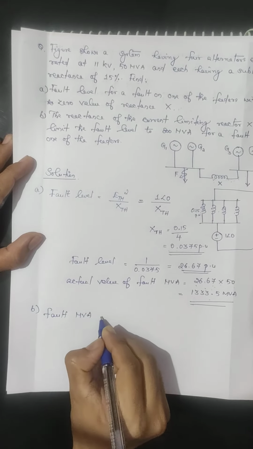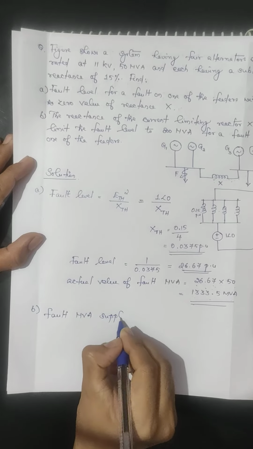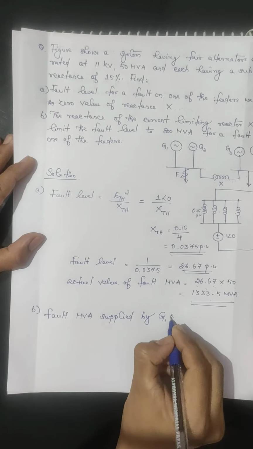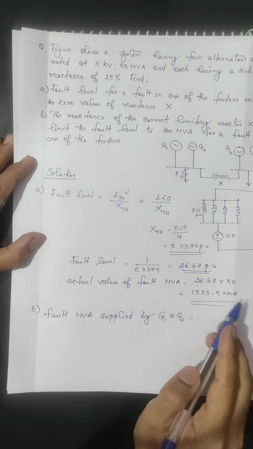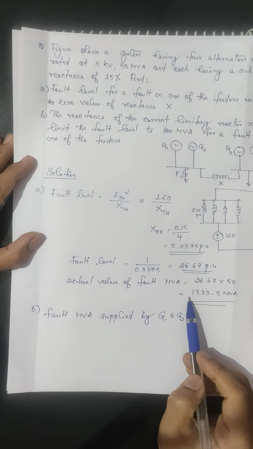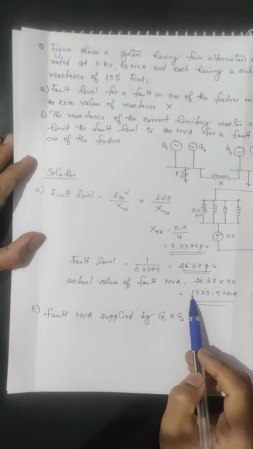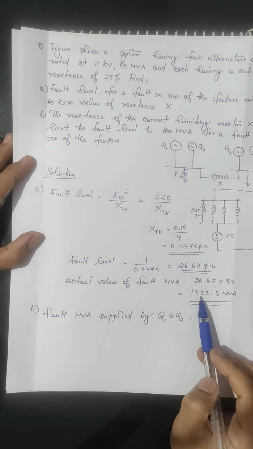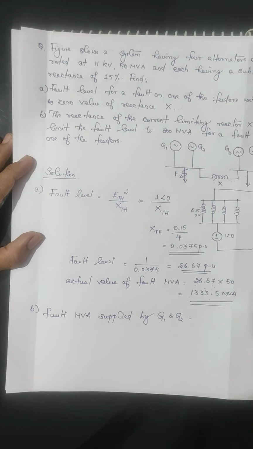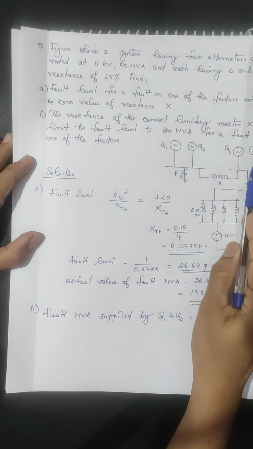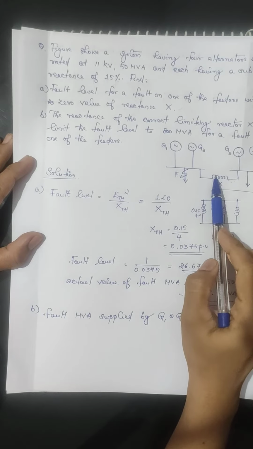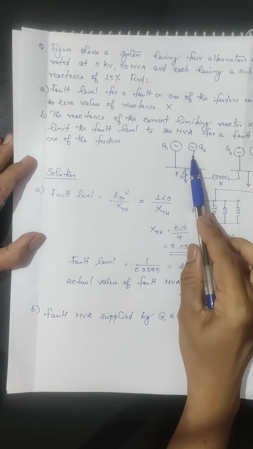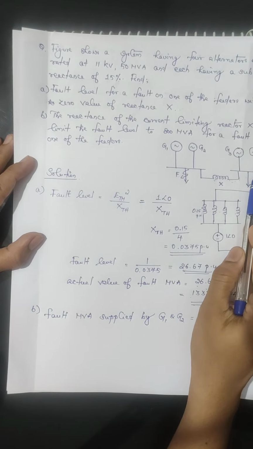Fault MVA supplied by generators G1 and G2 will be same as in this case. Here the total fault MVA is 1333.5. So all the generators are having the same rating, X is 0, so the fault MVA supplied by each of the generators will be equal.